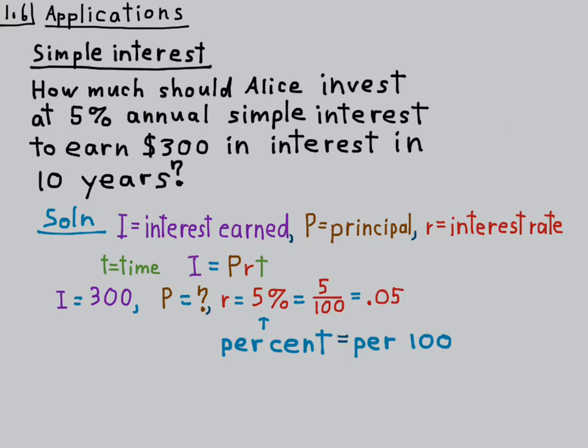Now, some people will say put the interest rate into decimal form. That's completely wrong. As many of us learned in recent years, your interest rate for some things can be less than 1%. So say you had 0.2% interest. 0.2% is already a decimal. 0.2% means 0.2 per 100, so that's supposed to be 0.002.